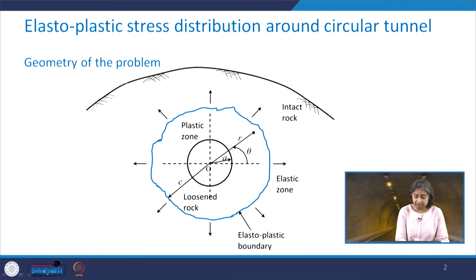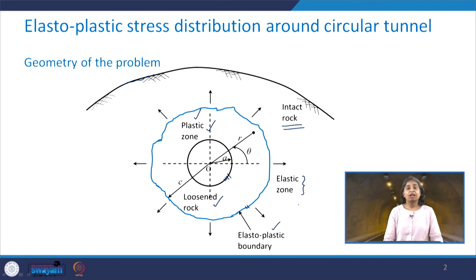Here we had the ground surface and we considered the rock medium to be intact rock, and upon the excavation of this circular tunnel of radius A, there was the formation of a plastic zone in the surrounding area of this circular excavation, which we were defining by a boundary called the elastoplastic boundary.